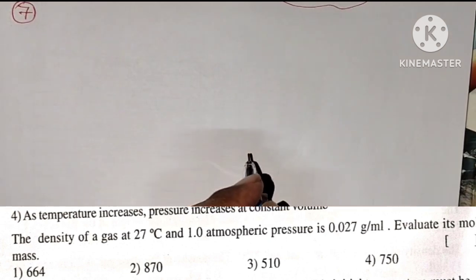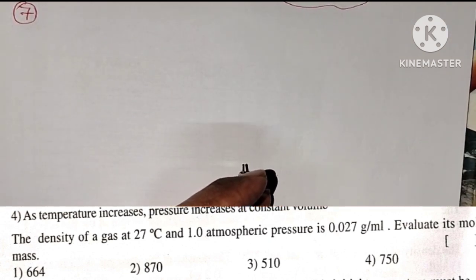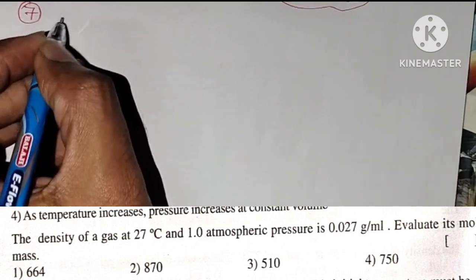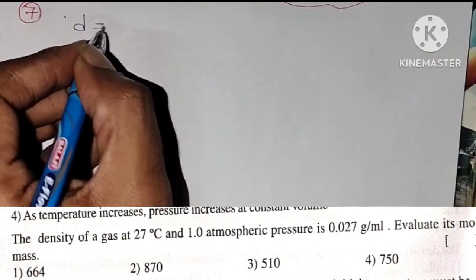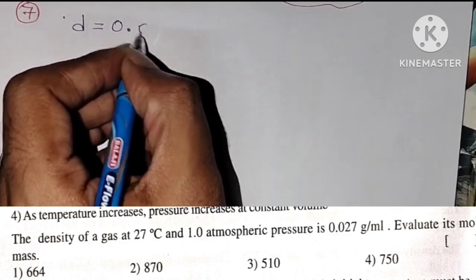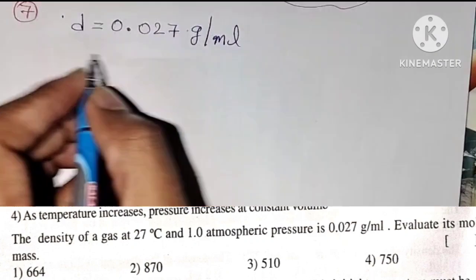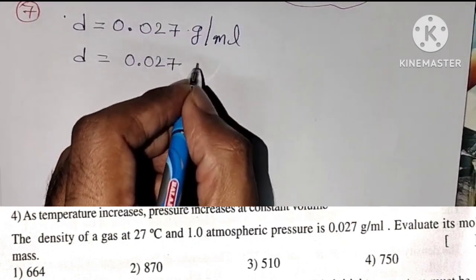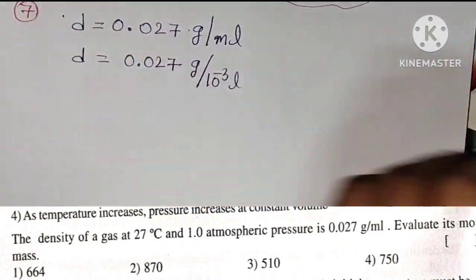The density of a gas at 27 degrees centigrade and 1 atmospheric pressure is 0.027 gram per milliliter. Evaluate its molecular mass. So here the density of the gas D is equal to 0.027 gram per milliliter, which can be written as 10 to the power of minus 3 liters.